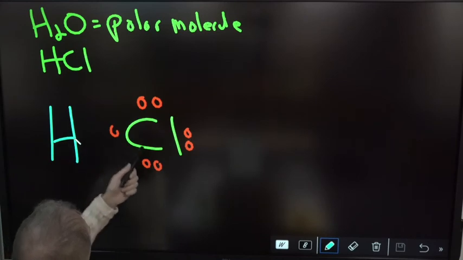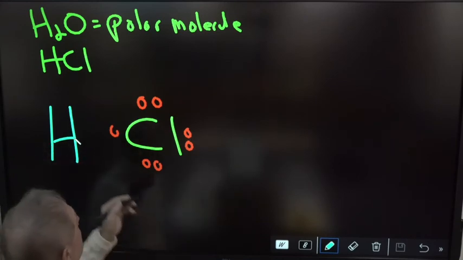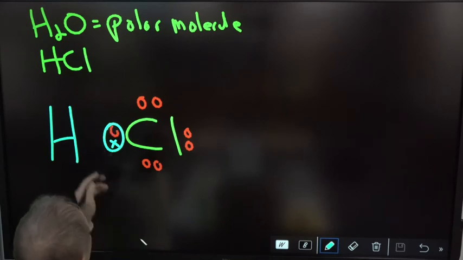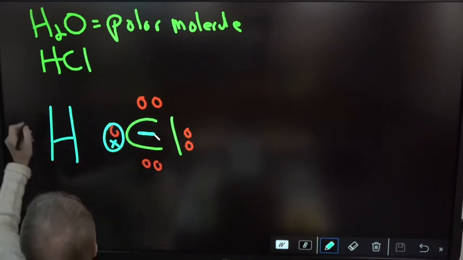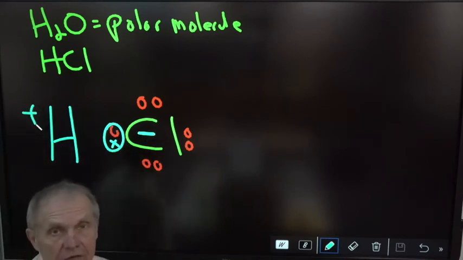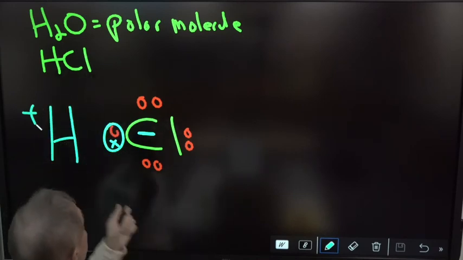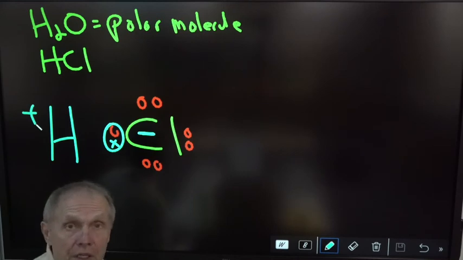So chlorine is going to pull hydrogen's electron over here. So this makes this slightly negative. It makes this slightly positive. So obviously HCl, 2 different nonmetals, it's going to be a polar bond because they share unequally.